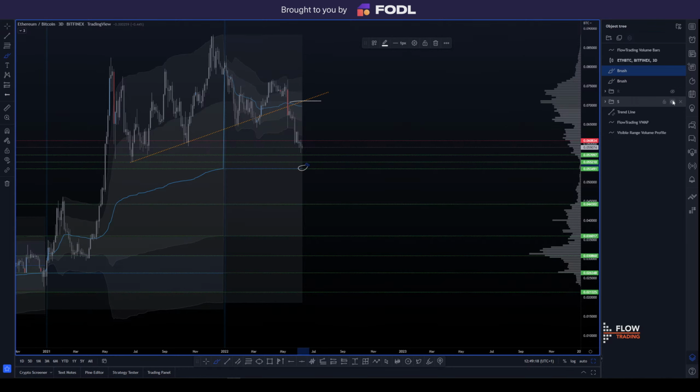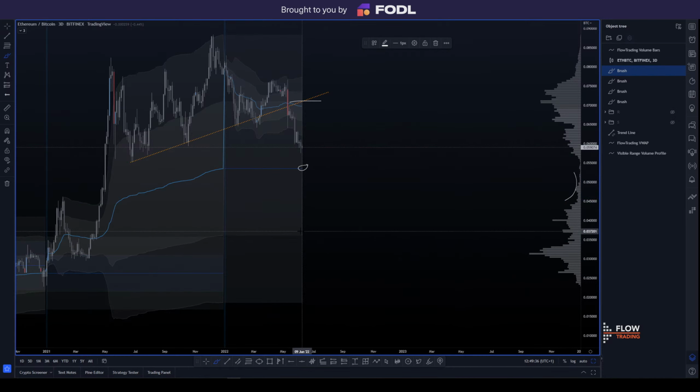If I put the levels of support, I've already highlighted it there, but there's not really much support, and there's a very low volume area all the way back down to this level here, around 44,000 sats and potentially even 35,000 sats. If I take that level of support off, you can see that this level here is also a level of interest, which is the 2021 value area low.